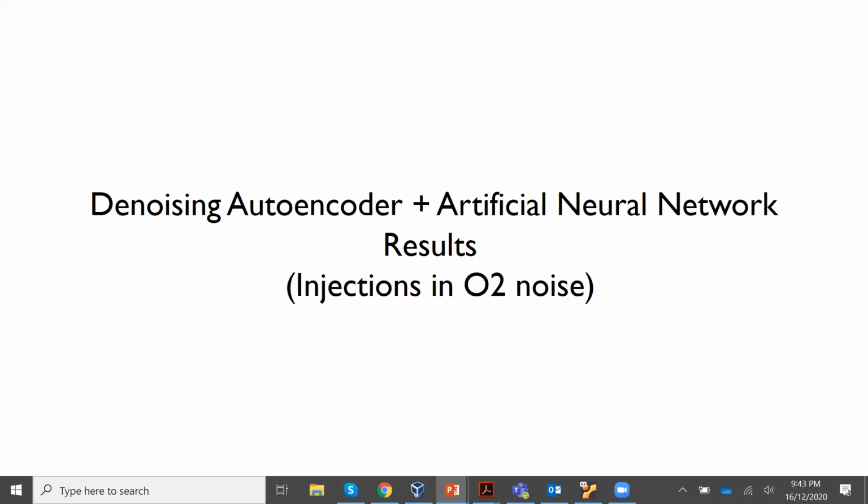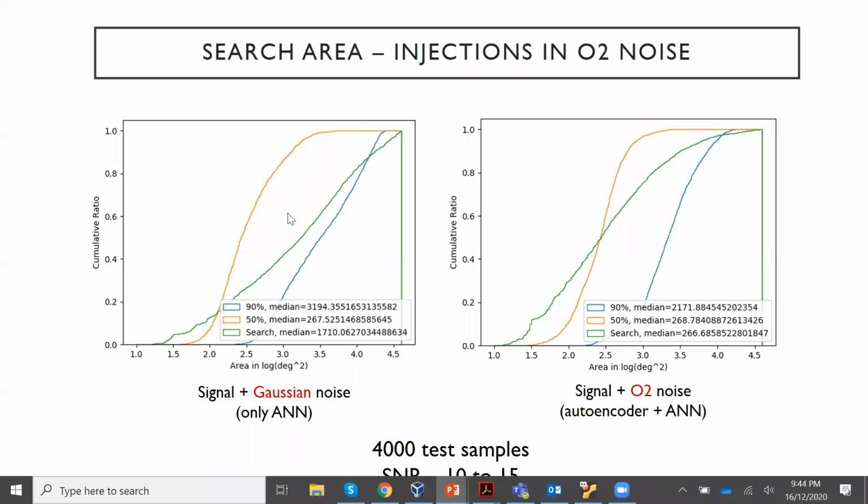Now I'll talk a bit about the results that I get when I use the combined models, denoising autoencoder and ANN, for injections in O2 noise. This plot shows the searched area, which is basically defined as the area of the smallest contour that contains the true location of the gravitational wave event.